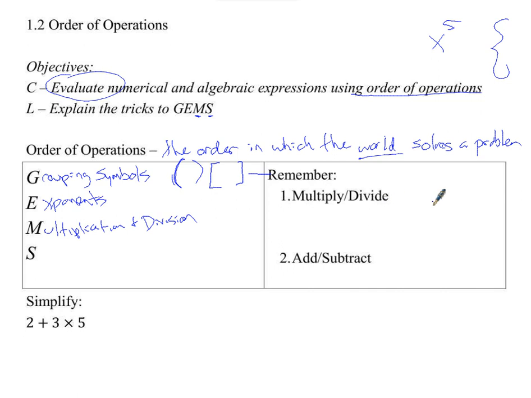What's important about multiplying and dividing for order of operations? Very good. They happen at the same time. And there's more, actually, that you have to know. Does anybody know it? From left to right, just like reading a book, okay?